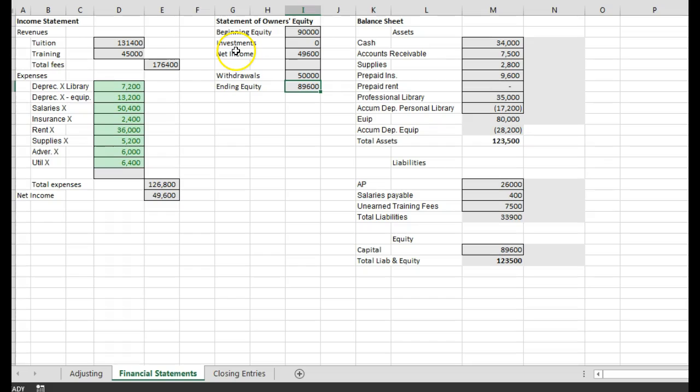From this statement, we then can create the balance sheet, which everybody pulled off very well. We've got the ending equity that goes here, and then that balances everything. The only problem, some forgot about the accumulated depreciation that has to be subtracted from the asset that it's tied to. So that is a net on there.